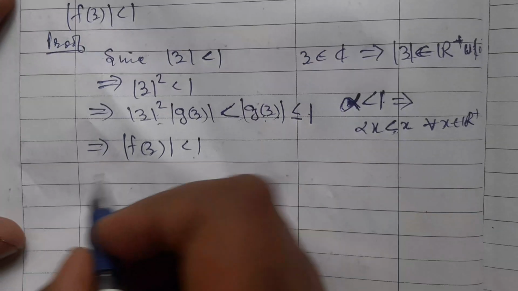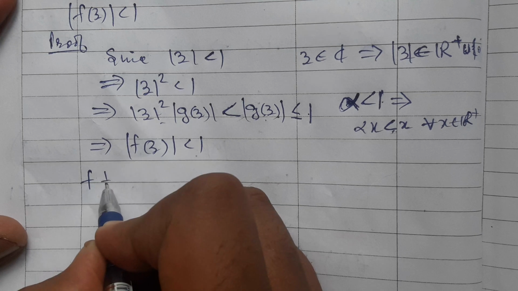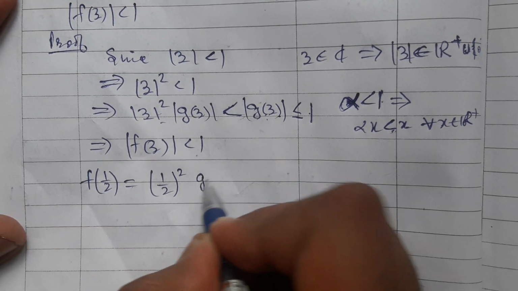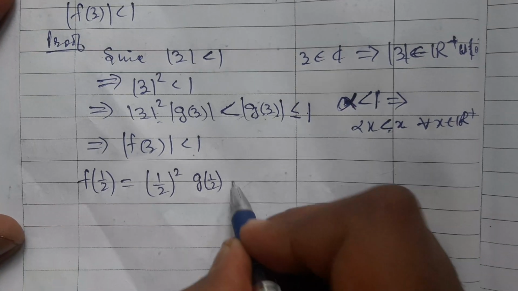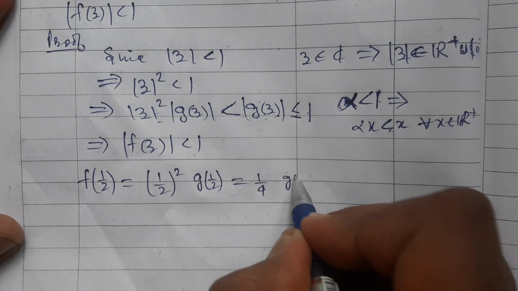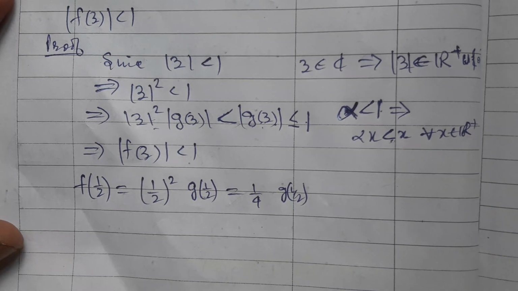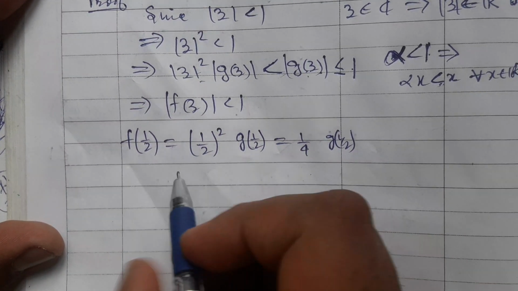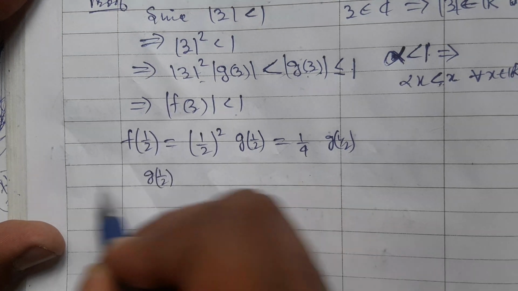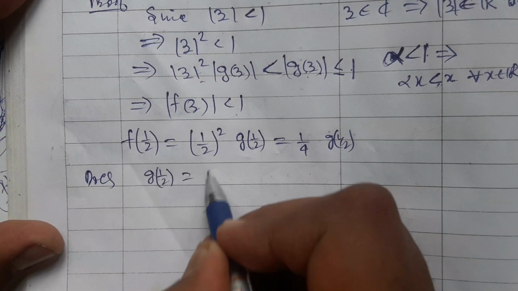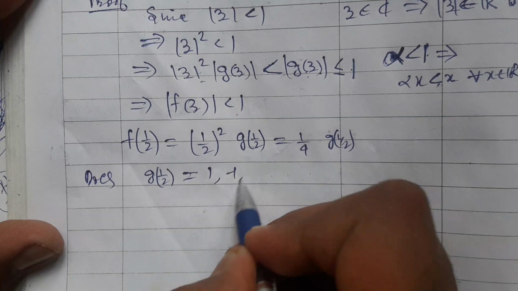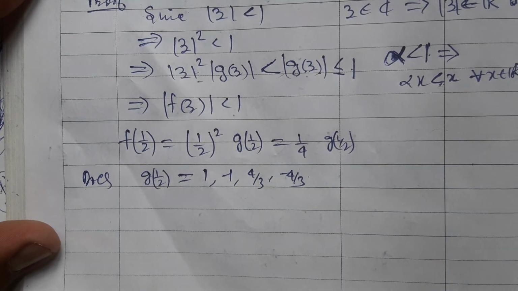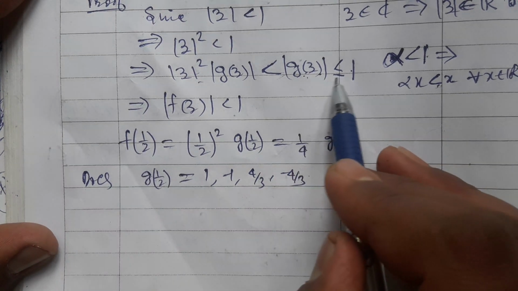Now we have to check the functional value at half, which is nothing but the square of half times g's value at half. Now we have to check which of the following are possible values: g at half is 1, minus 1, 4 by 3, minus 4 by 3. Clearly the modulus of g is at most 1.